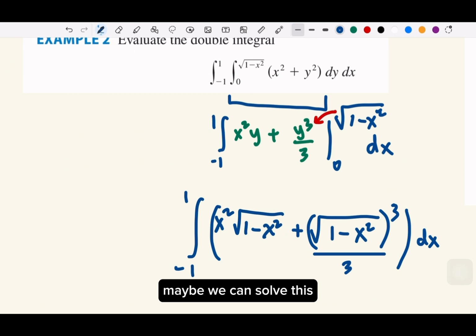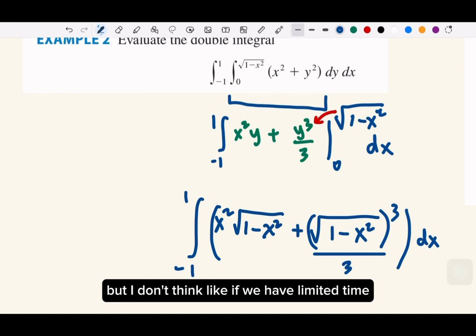Maybe we can solve this, but if we have limited time, this will take a longer time to solve this integration.